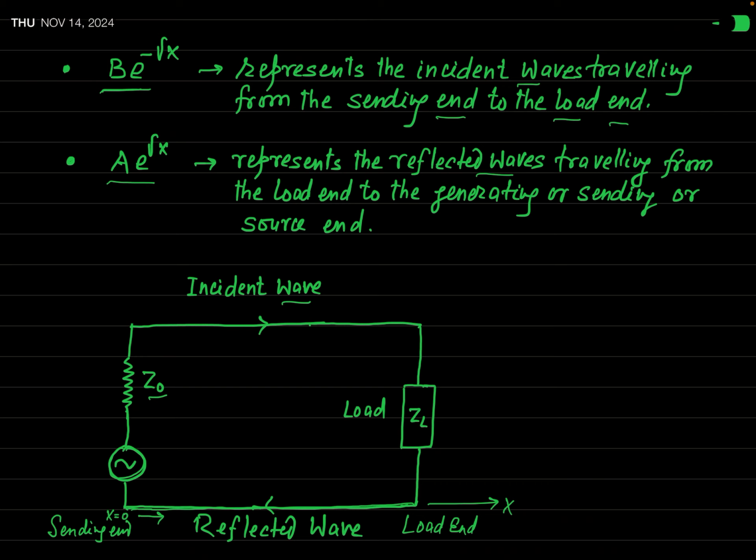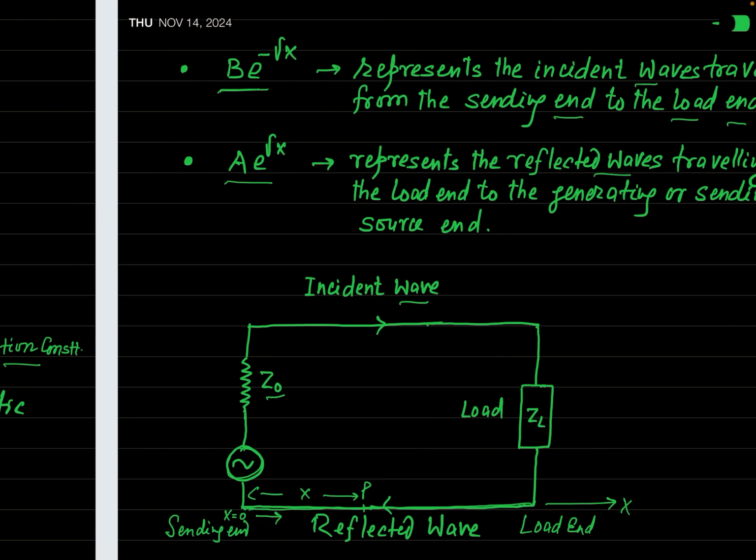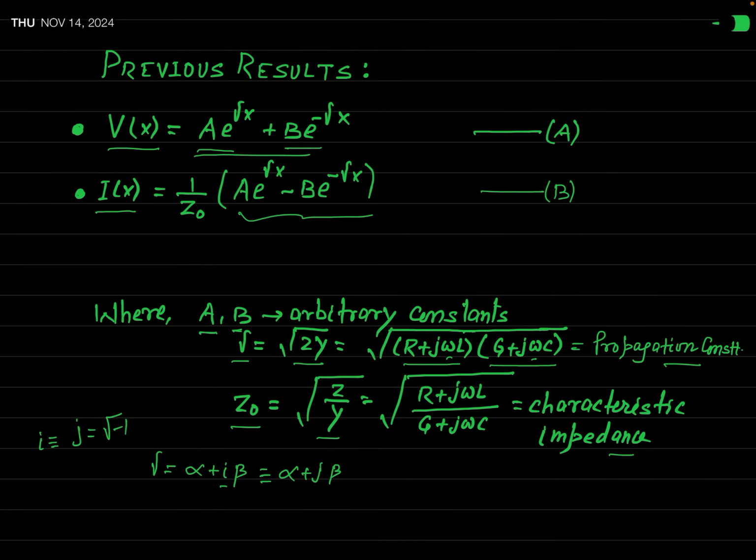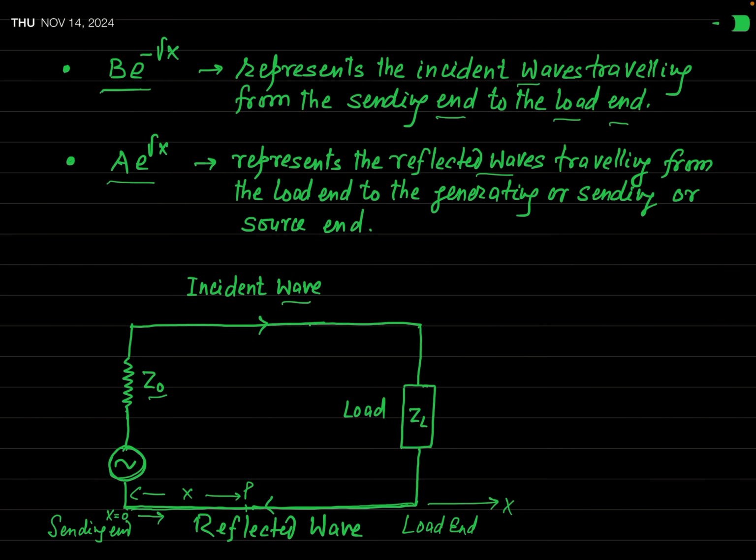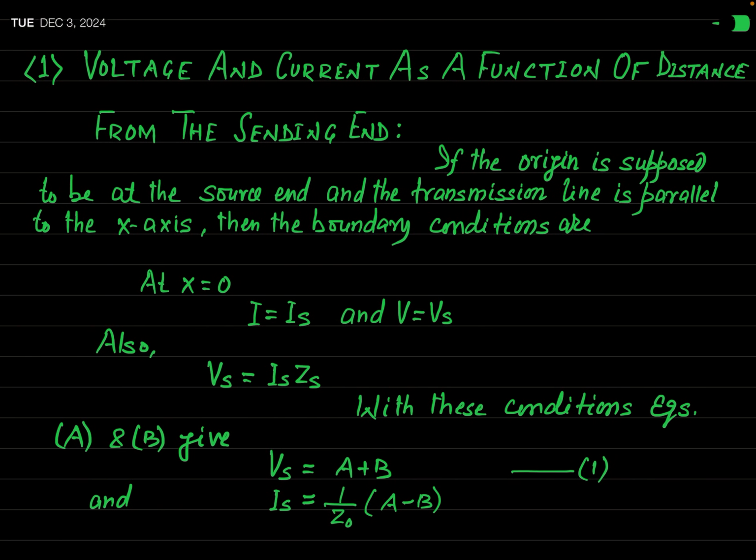So if there is a point P here at distance x from the sending end, then as a function of x, what will be the value of V and what will be the value of I? Already you have obtained that V of x is given by this and I of x is given by this. But since in these two equations we do not know the actual values of A and B, our aim is first of all to find these two unknown constants, and that will be evaluated by applying the proper boundary condition. Okay, so let us see.